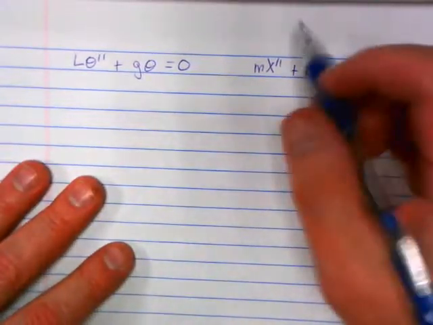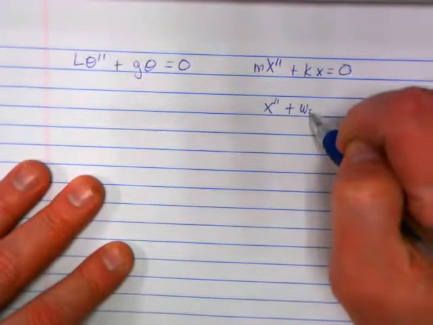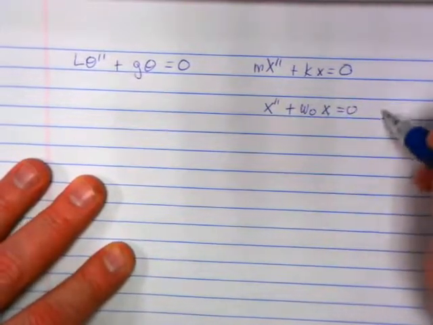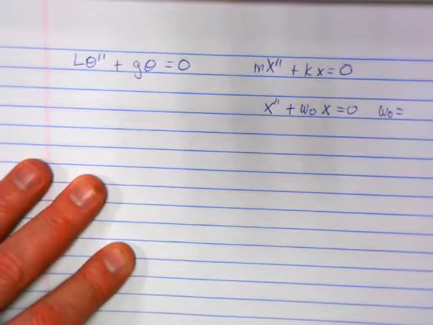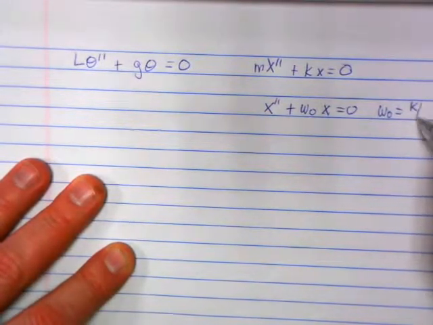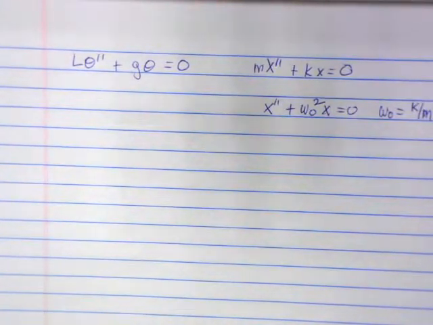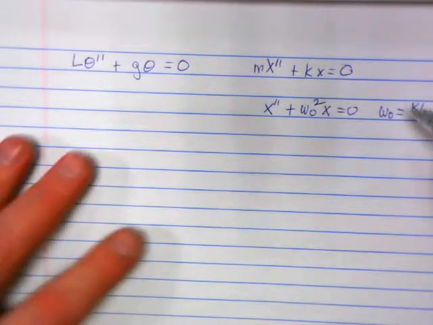So what we did is we wrote this actually as x double prime plus omega naught squared x equals 0, where what's omega naught? K over m. I'm sorry, that's omega naught squared. Omega naught is the square root of K over m.